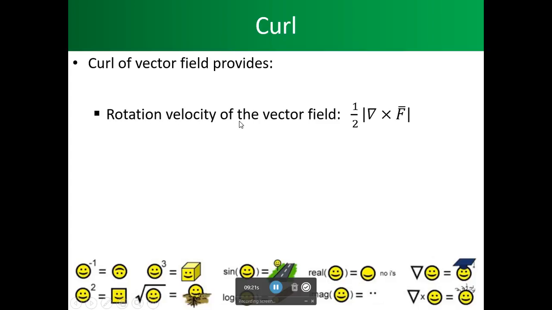Rotation of the velocity of the vector field. Then we have the rotational axis of the vector field, and that's what we were looking at, the rotational axis. That's what we had talked about, how it changed. And this is a curl, not the magnitude, the actual curl.